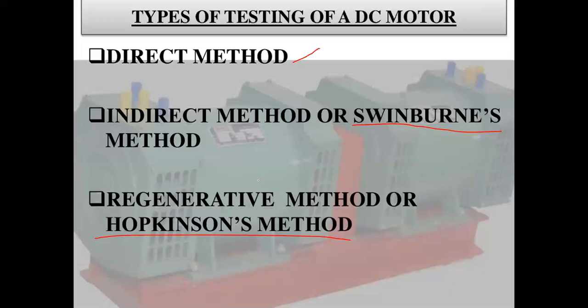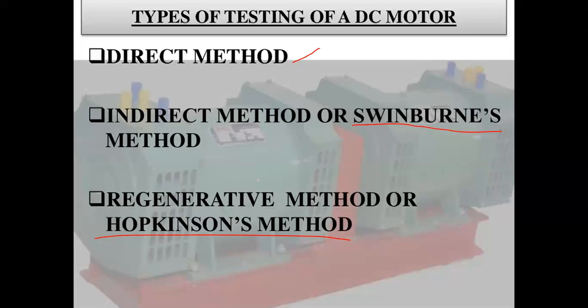The shunt motor can be started with light loads or sometimes no load, but the series motor cannot run with light loads or no loads. Later, the shunt motor is a low starting torque motor and the DC series motor is a high starting torque motor.